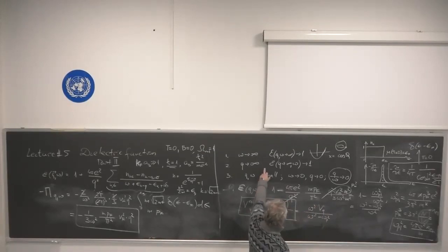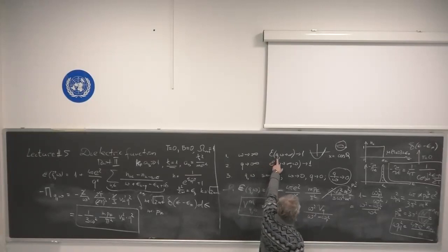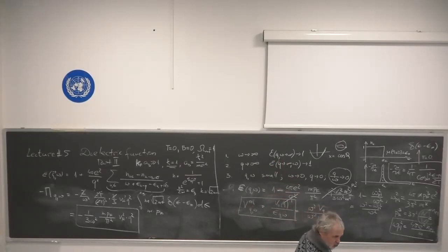And this is what I said from the very beginning: that if q goes to infinity, omega goes to infinity, the dielectric function is equal to 1, and therefore my effective interaction is equal to the bare interaction, just 4 pi e squared over q squared.